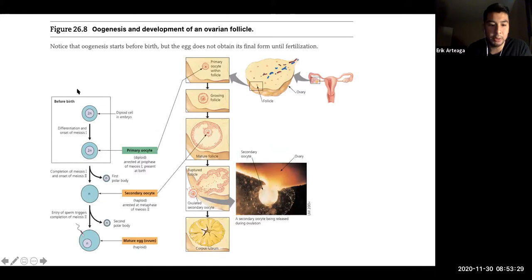Oogenesis in females: again, you have the 2N diploid cell, and you have meiosis 1 and 2. You have a polar body that is removed, and then eventually you'll have the fertilization in the oviduct.